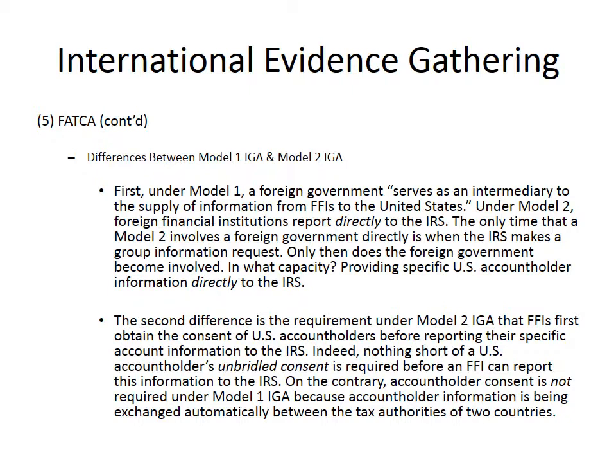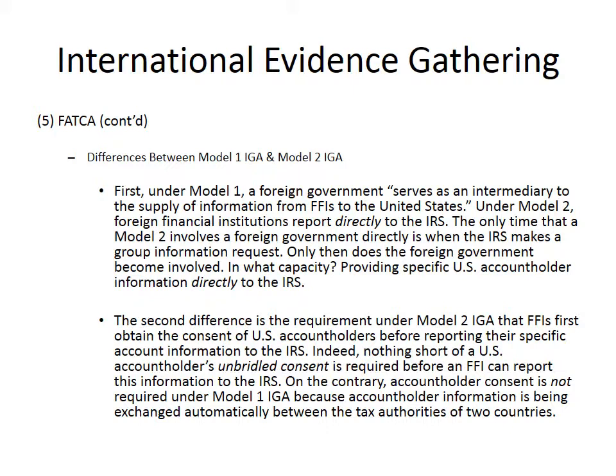Then, and only then, is a foreign government, in this case the Swiss government, involved. And in what capacity is the Swiss government involved? Well, they become what we would call the transmitter of specific U.S. account holder information to the IRS.